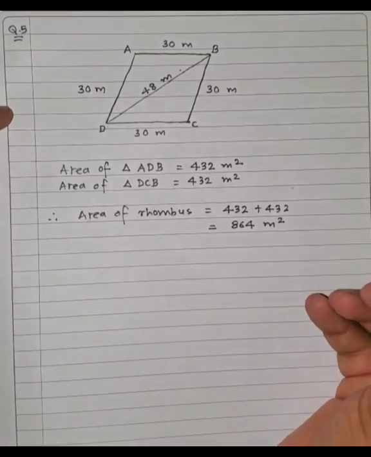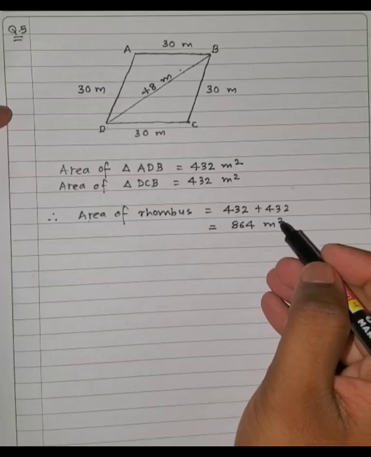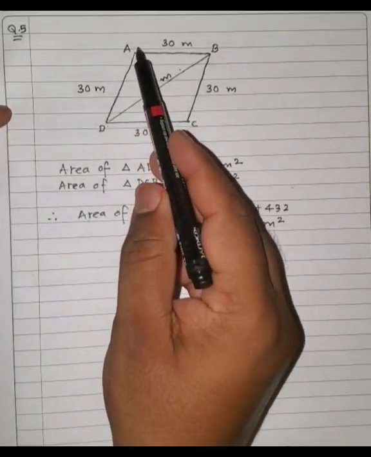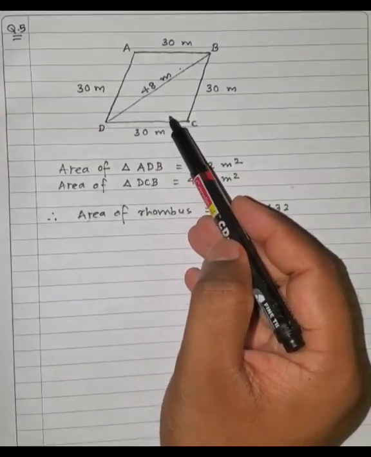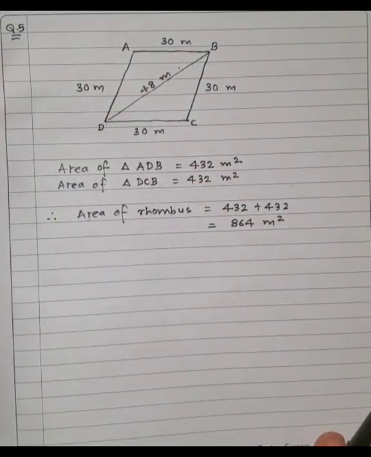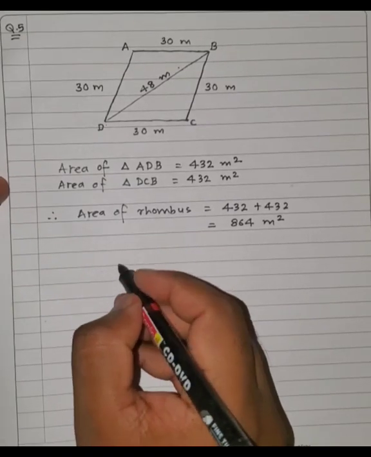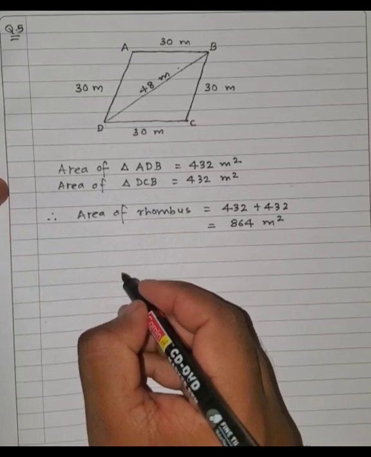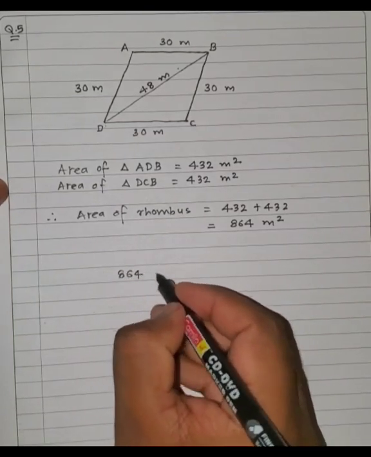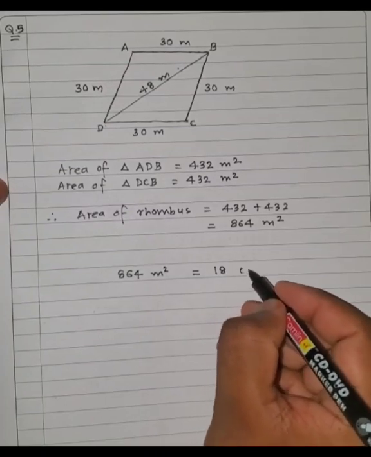Now, how is this question a little different? Here it has been said that this rhombus shaped field has grass for 18 cows to graze. How many cows? 18 cows. So in short, for 18 cows, how much area is there? 864 meter square area is there for 18 cows to graze.